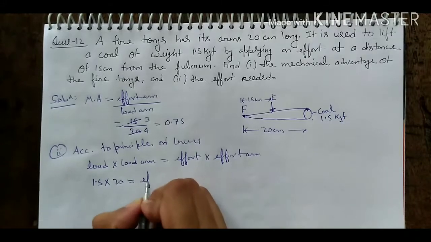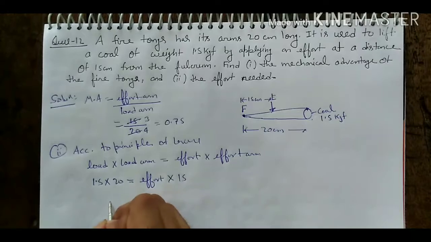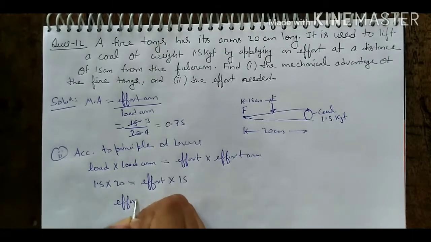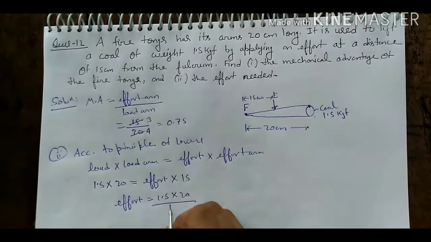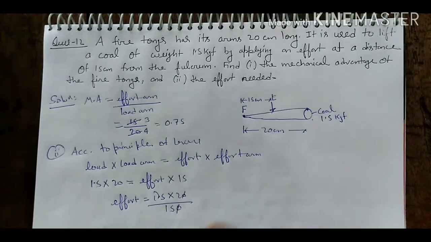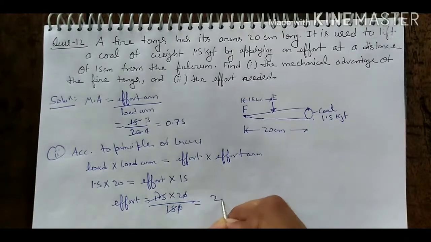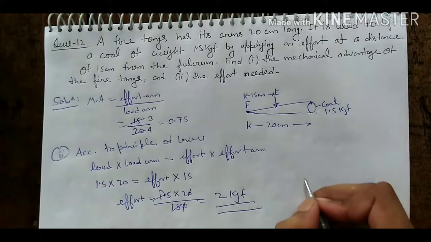This will equal effort into effort arm. Effort arm is given 15 centimeter. Here effort will equal 1.5 into 20 upon 15. The decimal will cancel by applying a 0 here, and 0 will cancel out. 15 into 2 is 30, 15 will cancel. This will equal 2 kgf. The answer of effort will be 2 kgf.